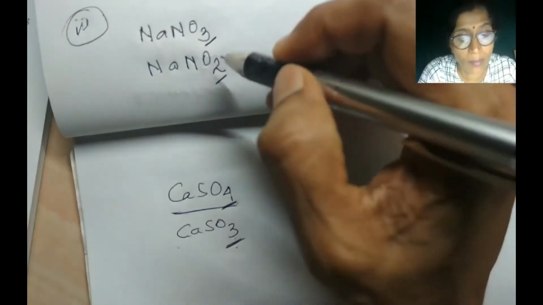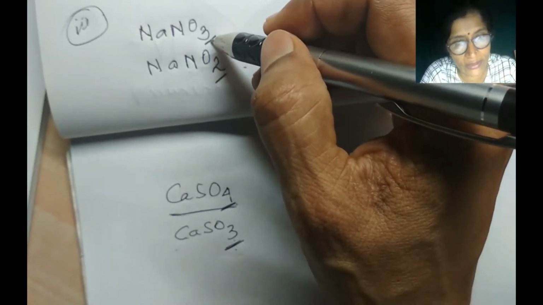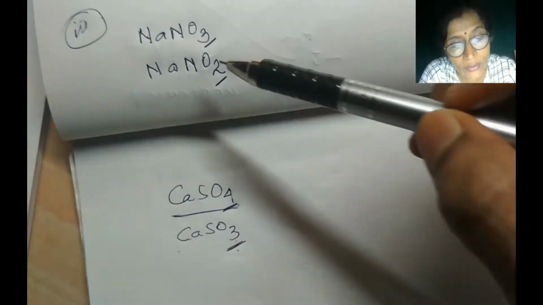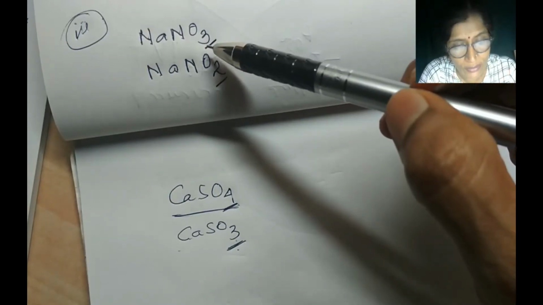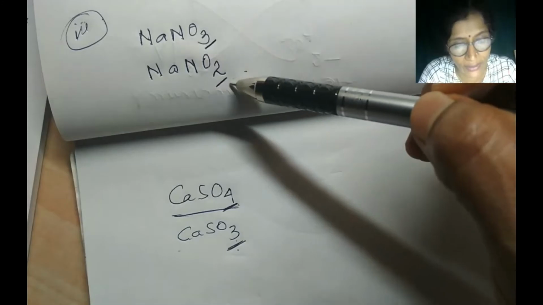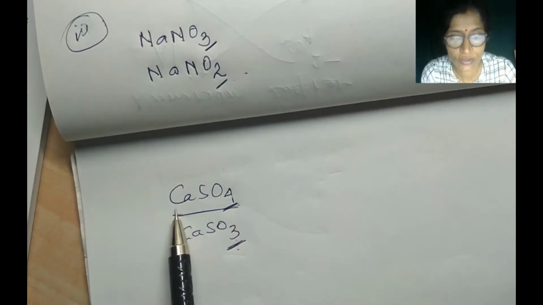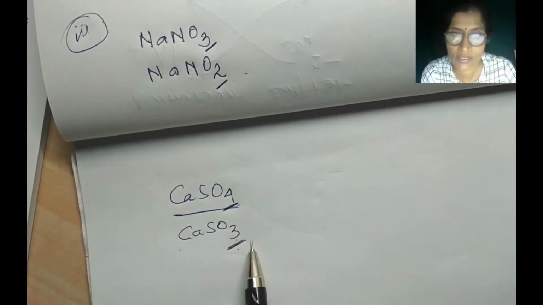Then the compound with more oxygen atoms, there I will use the word ate, and where there are fewer oxygen atoms, there ite. So it is sodium nitrate and this is sodium nitrite. In the same way, here oxygen is 4 and here oxygen is 3, so it is calcium sulfate, while this is calcium sulfite.